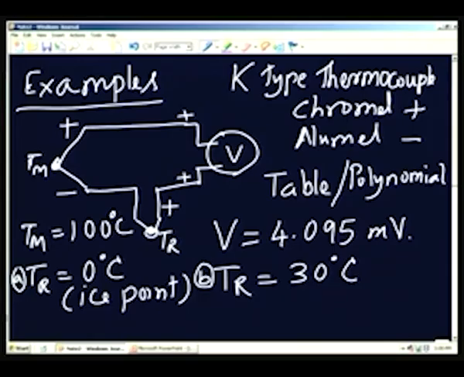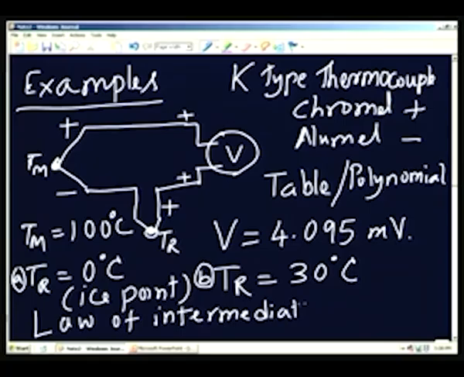So, we can use the law of intermediate temperatures. Actually, the example here is to demonstrate the application of the 3 laws we proposed in the last lecture. So, the law of intermediate temperatures is going to be used to figure out what is going to be the output of the circuit.